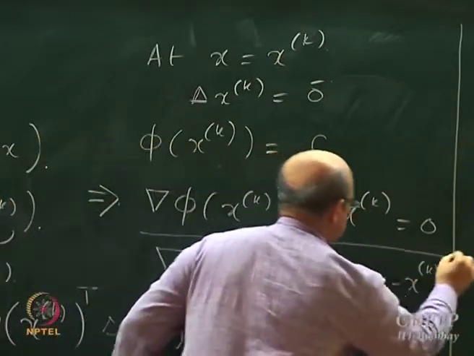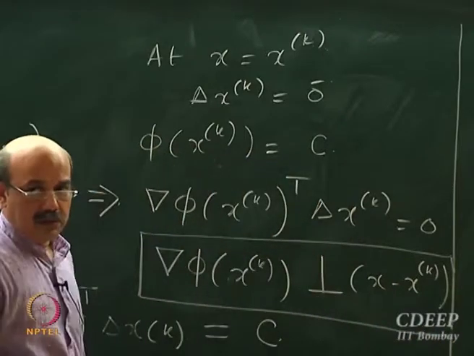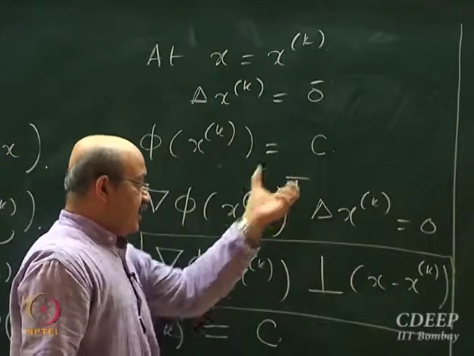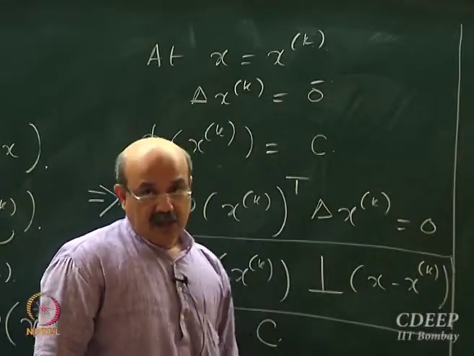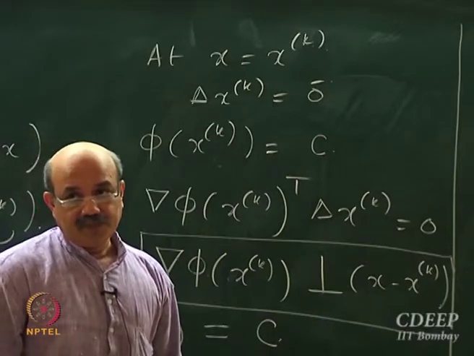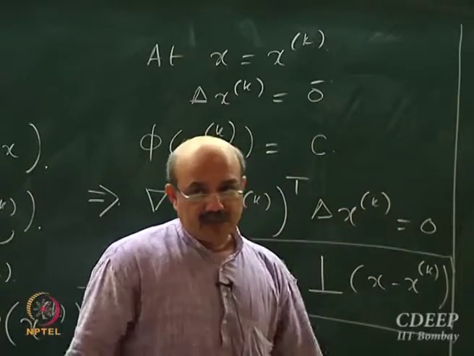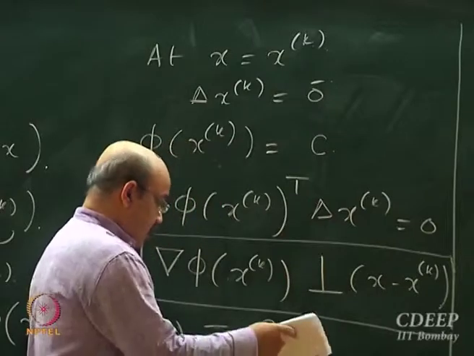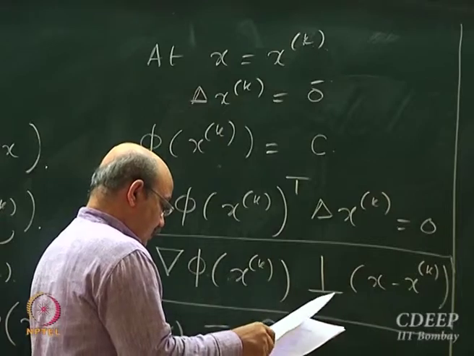This is what we have found out. Actually this gradient transpose delta xk equal to 0 is an equation of the tangent plane to the level surface. In general I am talking in n dimensions. It's a tangent hyperplane in the n dimensional space.